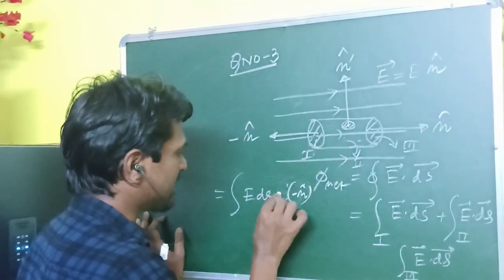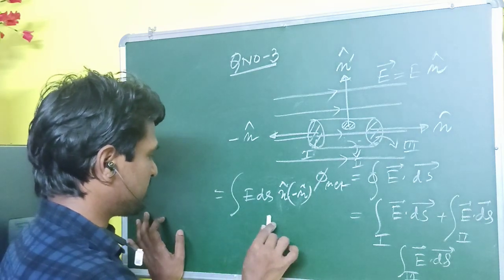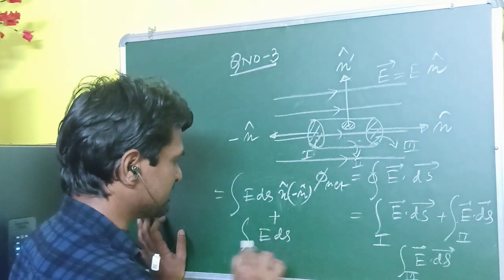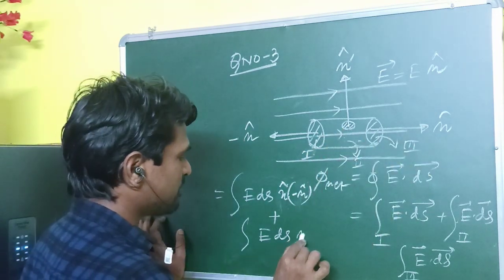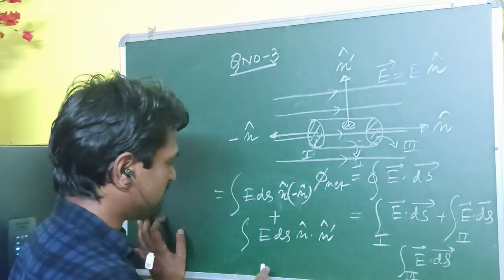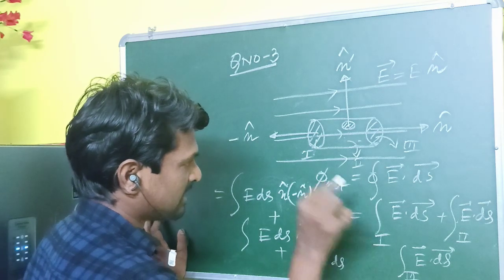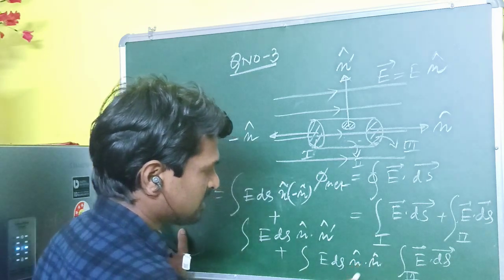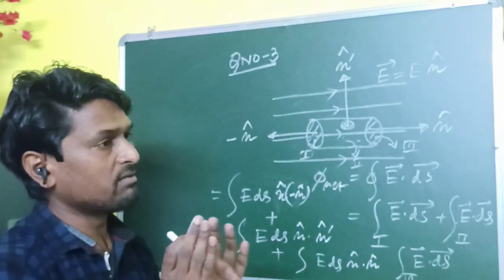So this is n cap dot n cap, plus the second integration, that is E ds and n cap dot n dash cap, plus the integration of this one, E ds and n cap dot n cap. So students, first of all you have to realize the unit normal vector.